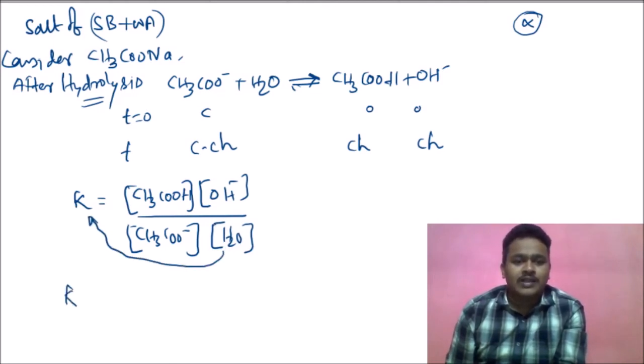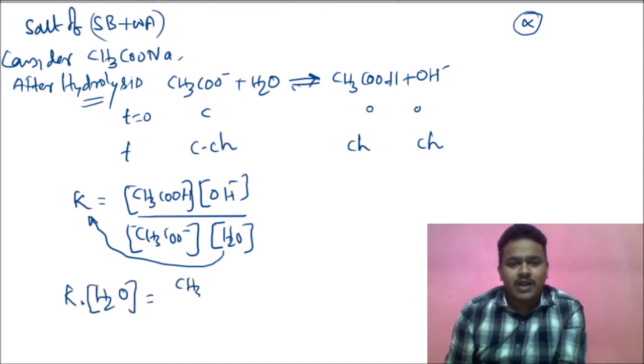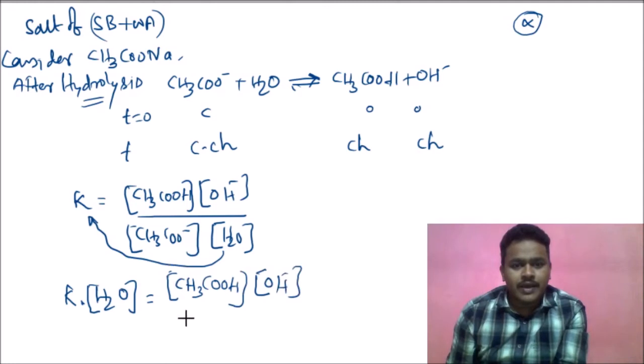This K into water is maintained as a constant value, so what will I write? CH3COOH into OH minus by CH3COO minus.